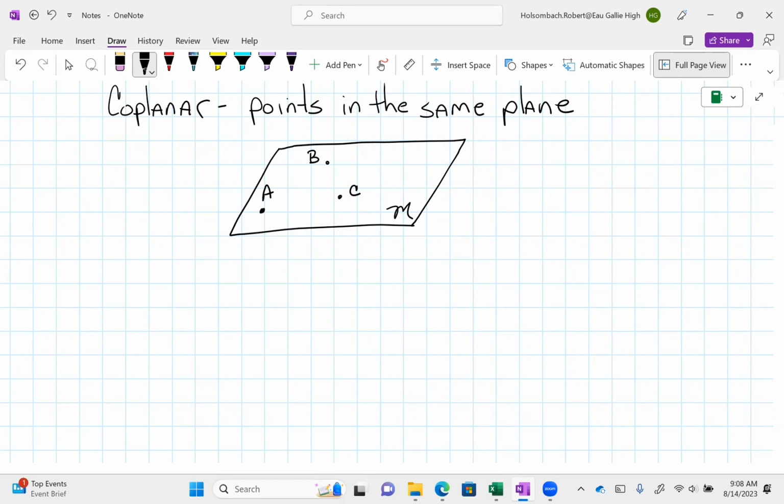And a partner to coplanar would be non-coplanar. And if coplanar means points in the same plane, what does non-coplanar mean? Very good. Points not in the same plane.